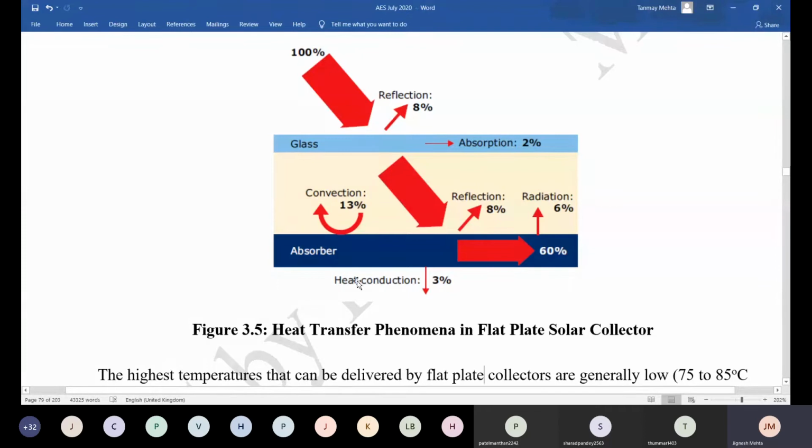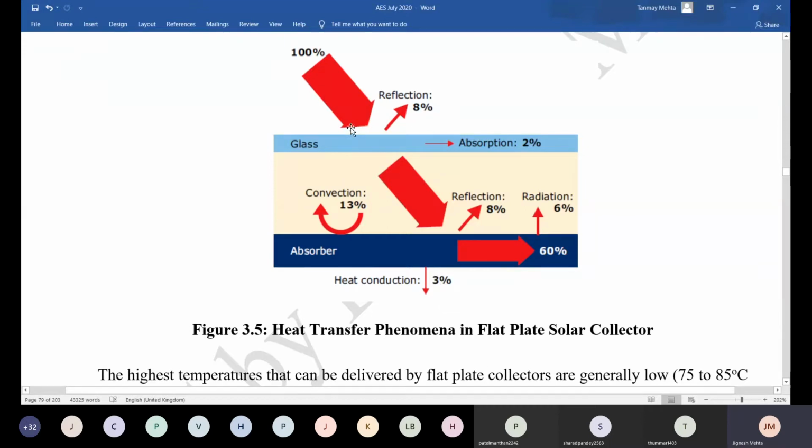There is insulation below this, and that is generally good insulation, with very low thermal conductivity or high resistance offered by that, and because of that you are able to reduce the conductive loss to a great extent. Okay, so it's only shown as 3%, right? So these are the different losses occurring.